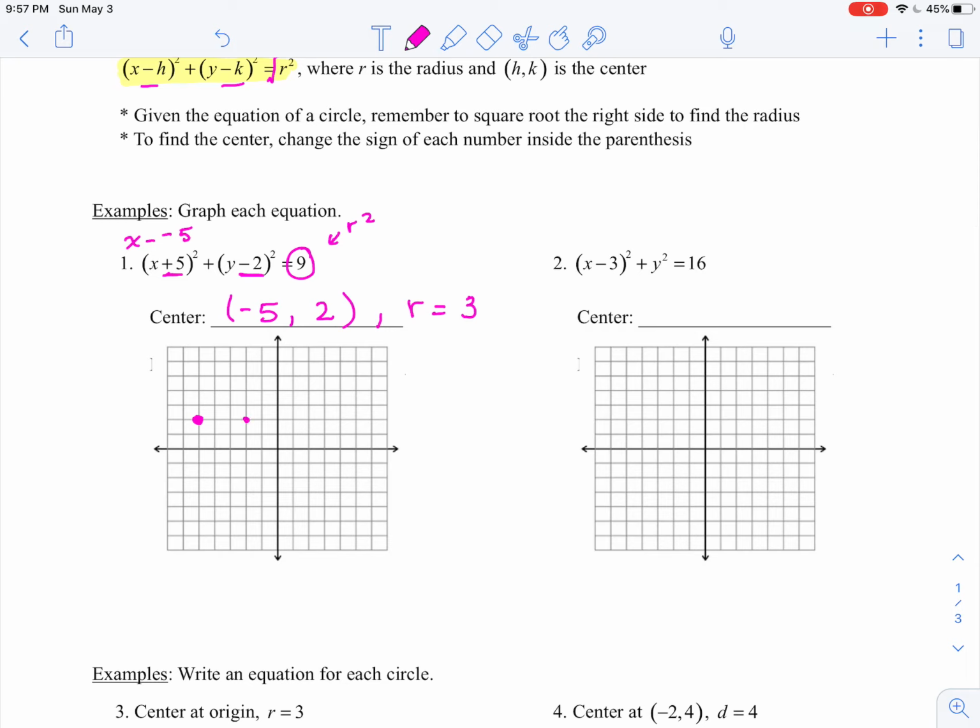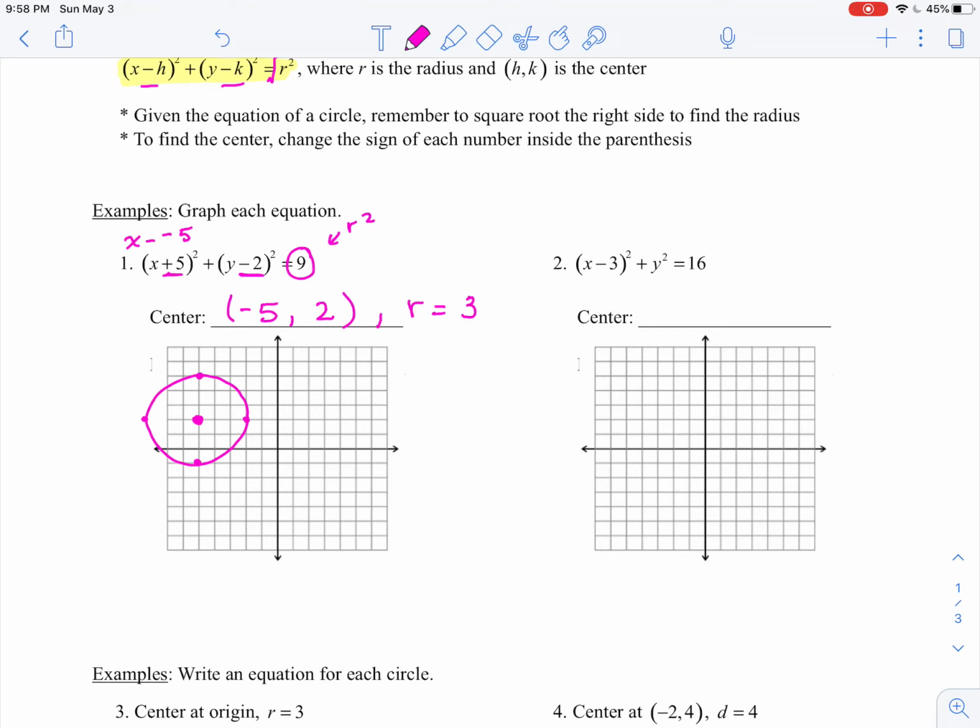From the center, I'm going to count 3 units to the right, make a point, 3 units up, make a point, 3 units to the left, and 3 units down. Then do the best that you can to draw something that looks like a circle. As you'll see, I'm not perfect at this either. Just do the best that you can.